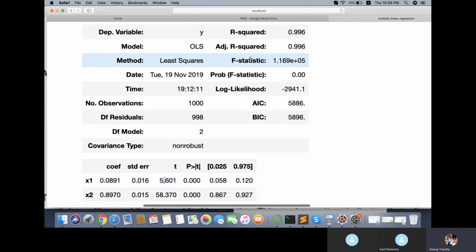There also the p-value is 0.00. Here the probability of the f-statistic is 0.00, so the p-value is 0.00. We will say that if you take both of them combined, they contribute in a good way towards the dependent variable. If you take individual elements also, they contribute very nicely towards your dependent variable. Getting?